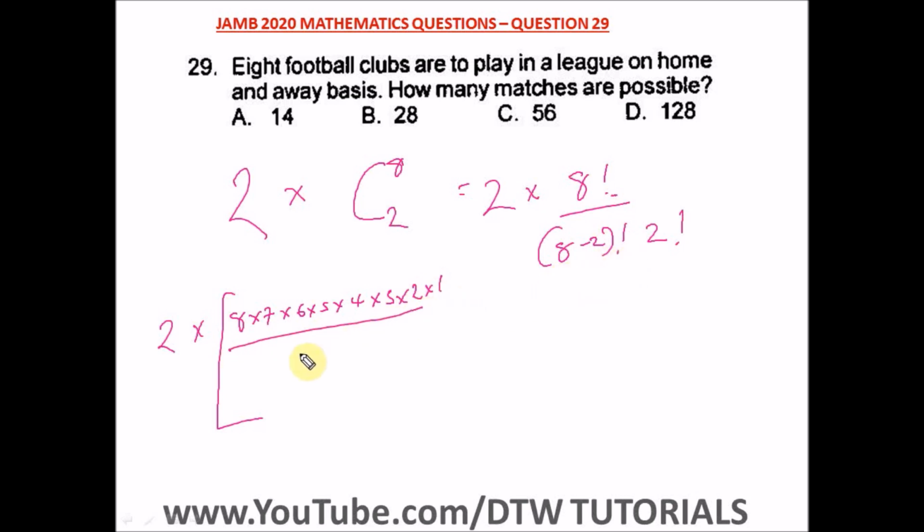So this 6 permutation is 6 times 5 times 4 times 3 times 2 times 1 times 2 permutation, which is 2 times 1. So all of this will cancel all of this. So 2 here 1, 2 here 4. So what we have as our answer is 2 times 4 times 7, 28.